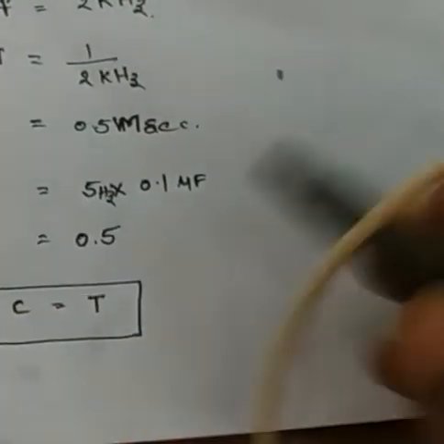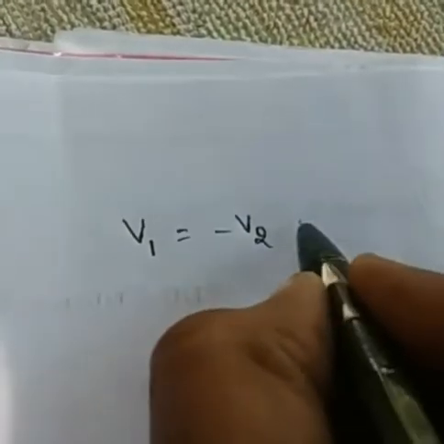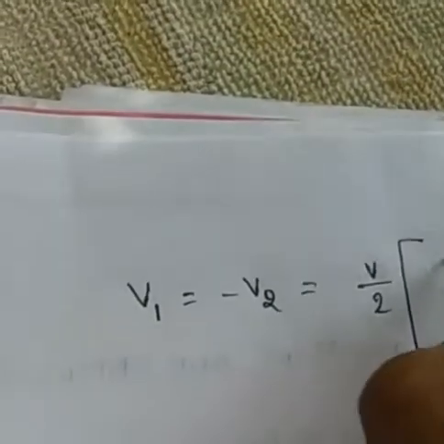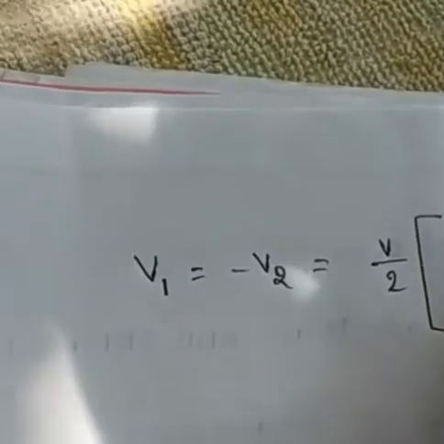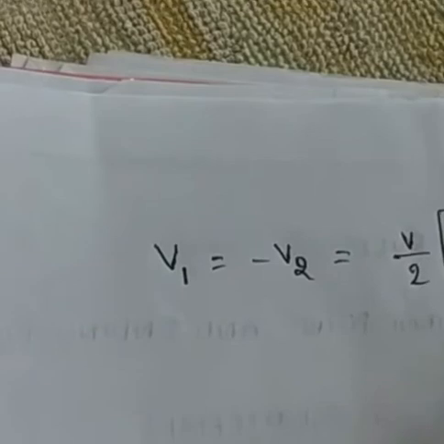Let me calculate the value of the output, that is V1 equal to minus V2, which will be equal to V by 2 into 1 minus e power minus T by 2RC, divided by 1 plus e power minus T by 2RC.